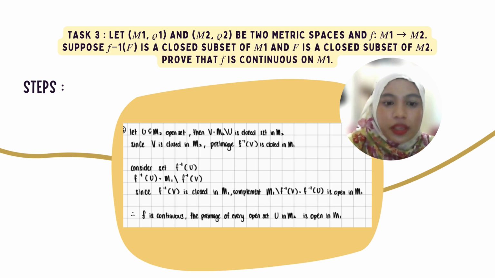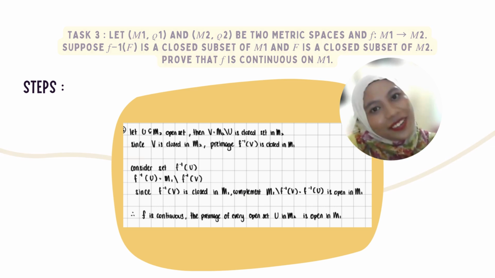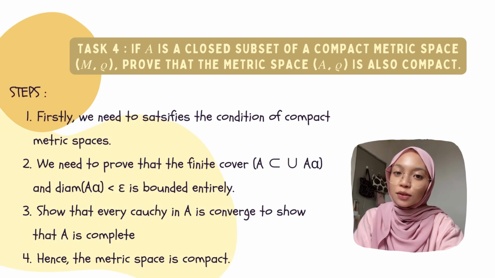So we can conclude that f is continuous if the pre-image of every open set U in M2 is open in M1. That's all. Thank you.